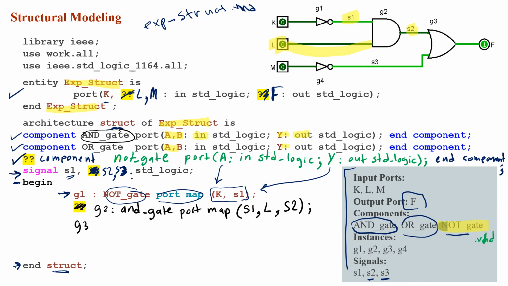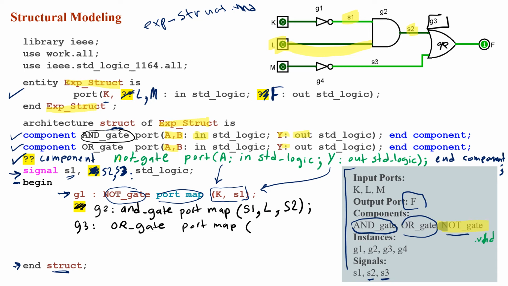Now gate 3 is what? Gate 3 is actually an OR gate, I can tell from the symbol of it. So gate 3 is an OR gate, OR underscore gate, the keyword port map.